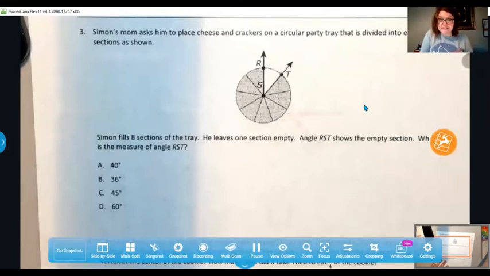Your teacher needs to see you working and see if you've learned anything from this lesson. So my kiddos are going to go to Google Classroom, and if you don't have Google Classroom, then you can find Facebook or Class Dojo. But we're looking to see all of your work and the correct answer for this question. So at this time, you can pause your screen and work on it.